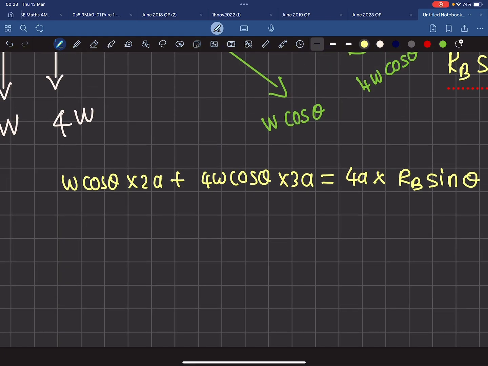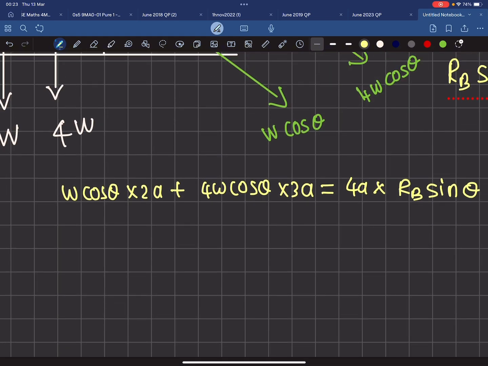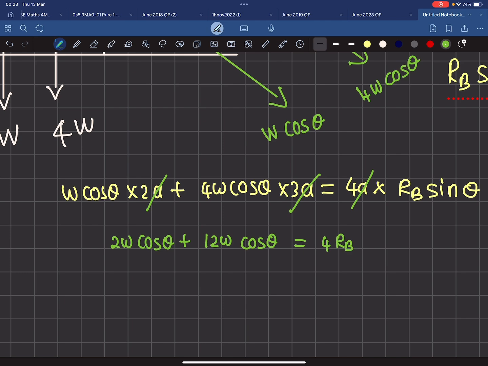And if you see here, everything had an A, so I'm just going to cancel the A's. A here, A here, A here. So 2W cos theta plus 12W cos theta equals 4RB sine theta.